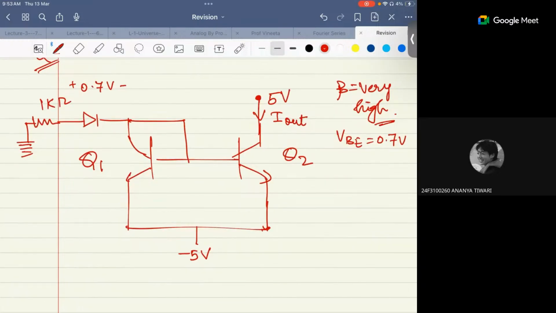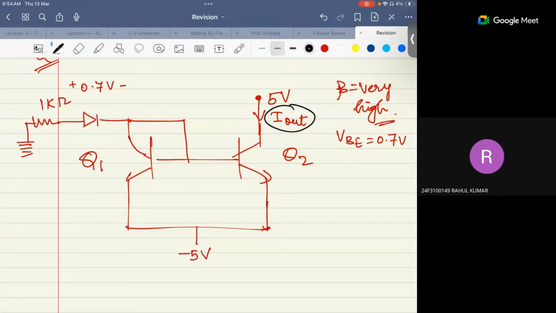You have to calculate I out. Is it 4.3 milliampere? It's not 4.3, I guess it's 3.6 or something. Yes, 3.6 is correct.